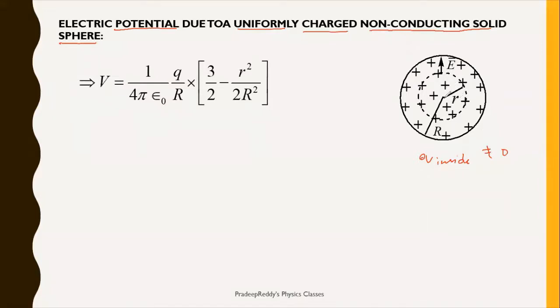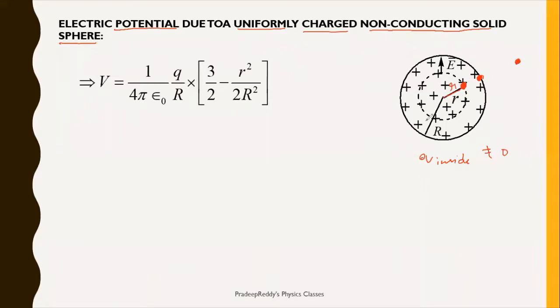Okay, unlike in the previous case. So I want to find out potential at this point inside. It is at this point, and on the surface you need to find out, and outside the surface you need to find out. That is inside, on the surface, as well as outside the surface. And inside it is separated by distance r.